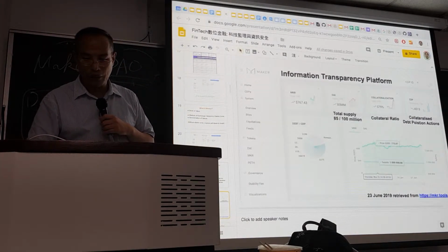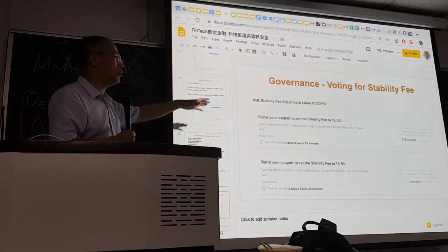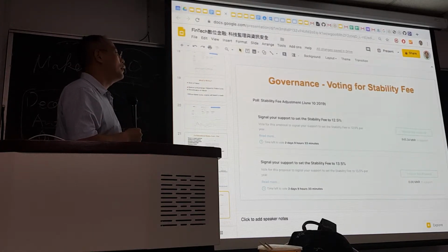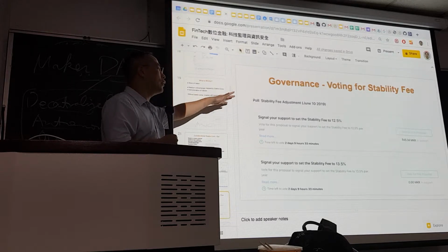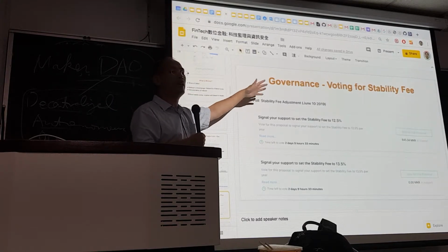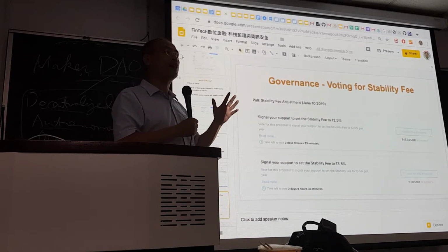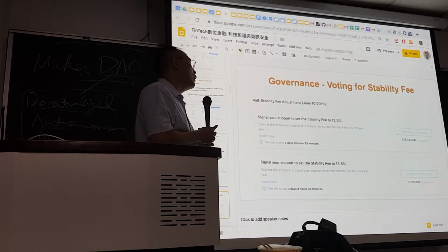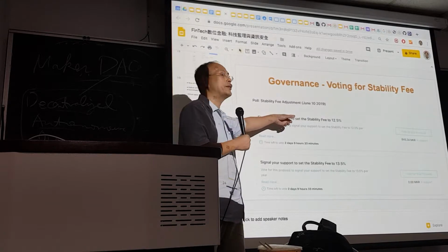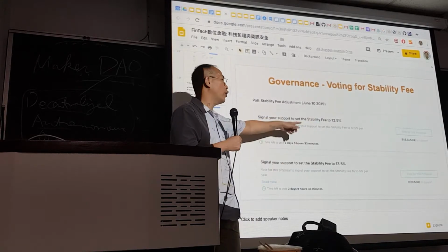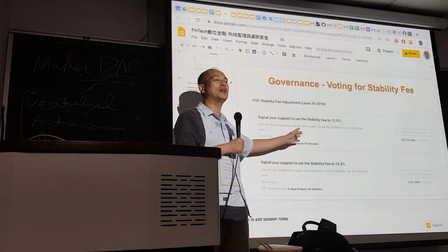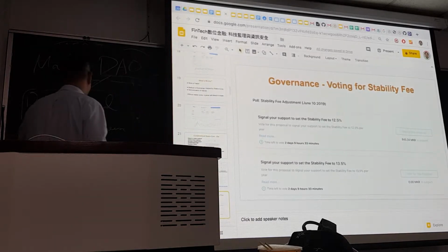Okay, I'll go to more details later, but let me give you a quick high-level view. The governance. Earlier I said DAI is volatile compared with those non-commodity fiat currencies. So you can see why sometimes the stabilizing fee is 12.5% or 13.5%. It's again decentralized in governance.